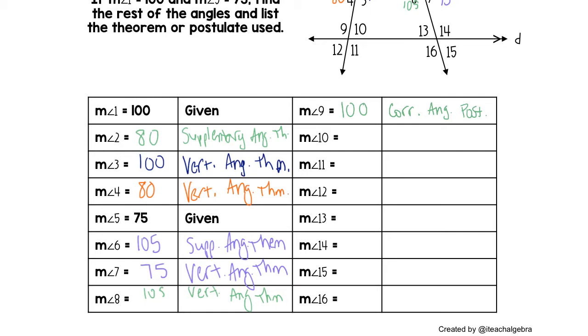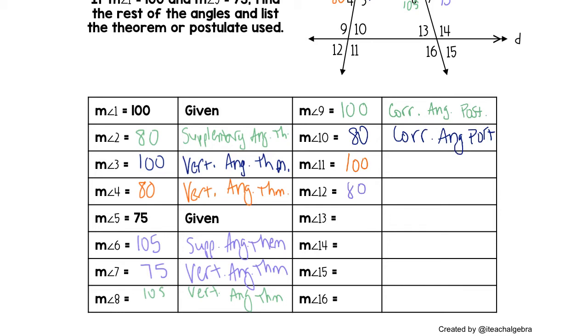Angle 10 is 80, also because of the corresponding angle postulate, because we've already found all the measures of the angles on the top. Angle 11 is 100. Angle 12 is 80.